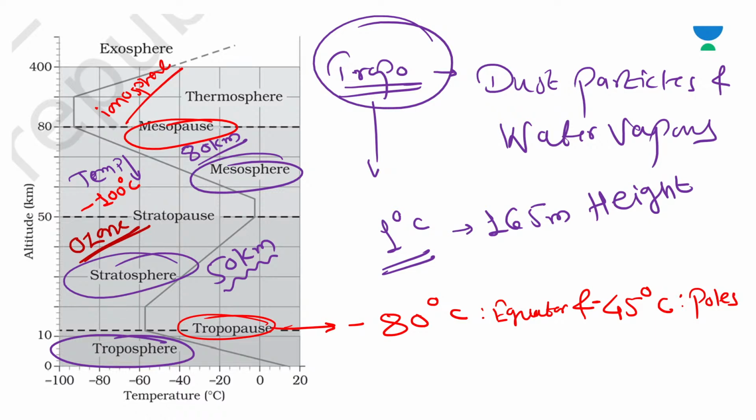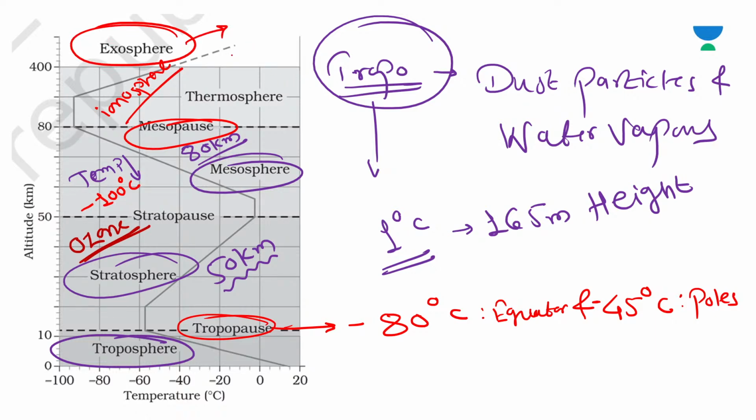Now, radio waves transmitted from the earth are reflected back to the earth by this layer, and the temperature here starts increasing with height. The uppermost layer of the atmosphere above the thermosphere is known as the exosphere.